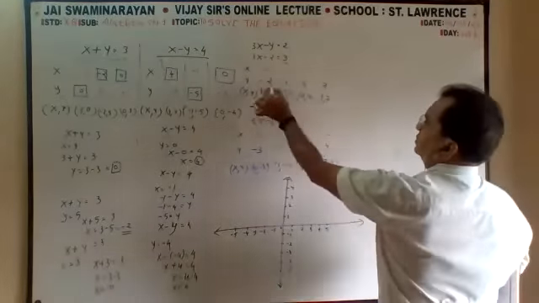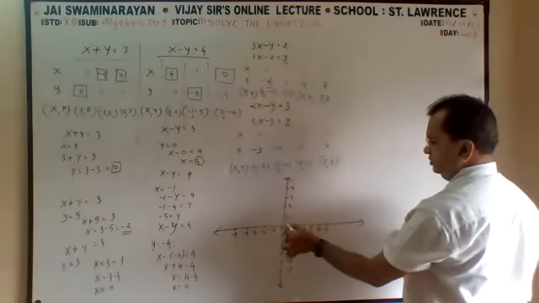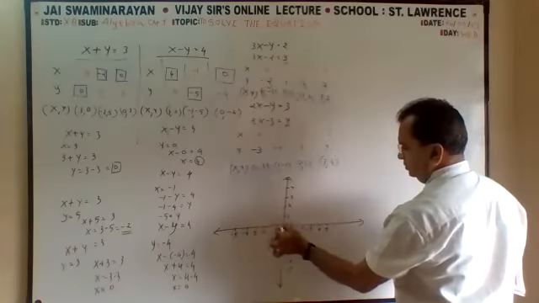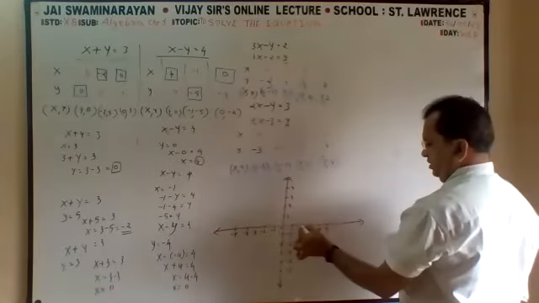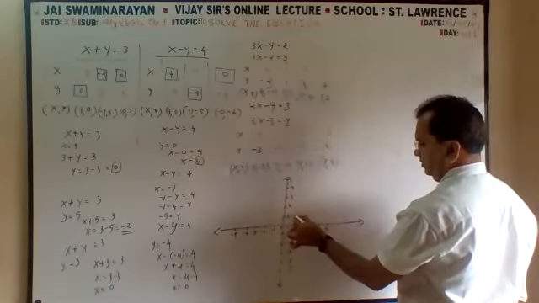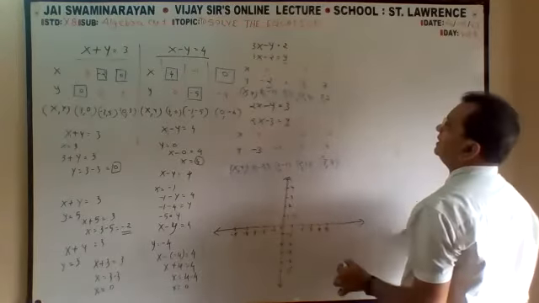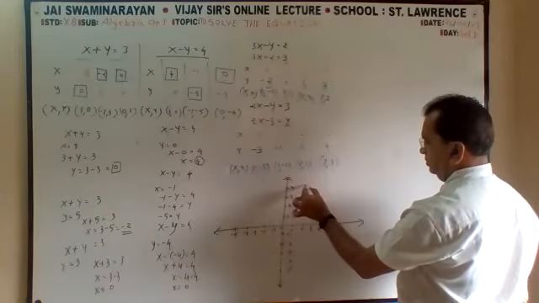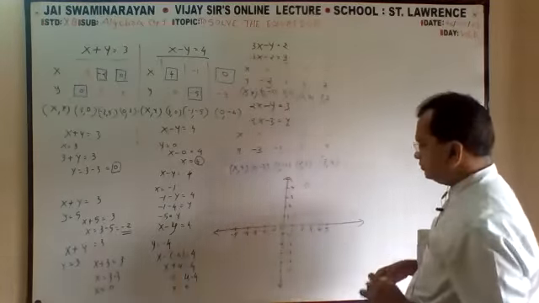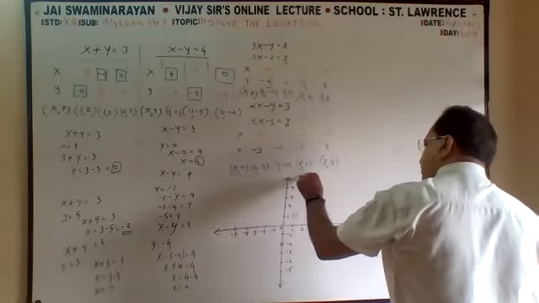Now for this, 0 and -2, then 1 and 1, then 2 and 4. Now we join them.